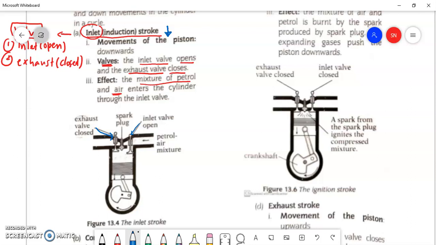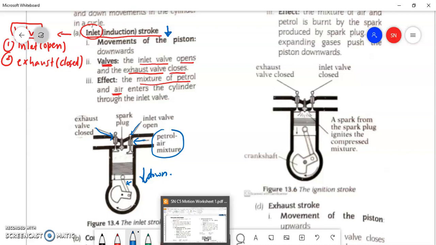The inlet valve in this diagram is open, therefore the petrol and air mixture can enter. This will be the piston down here, and the movement of the piston is downwards. So please remember the characteristics for inlet stroke.